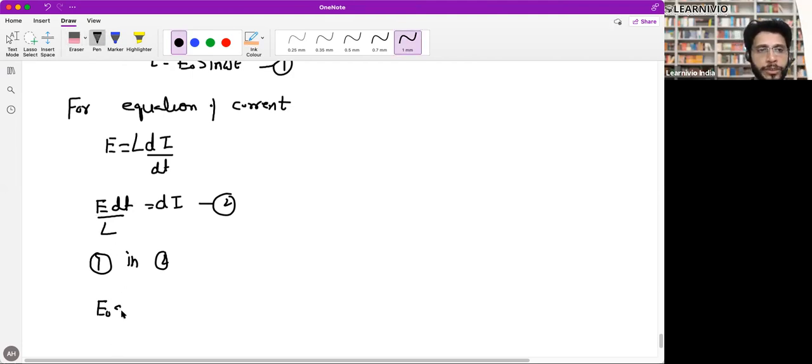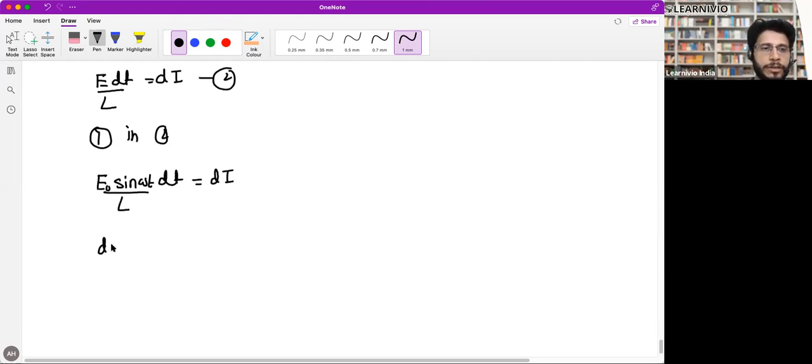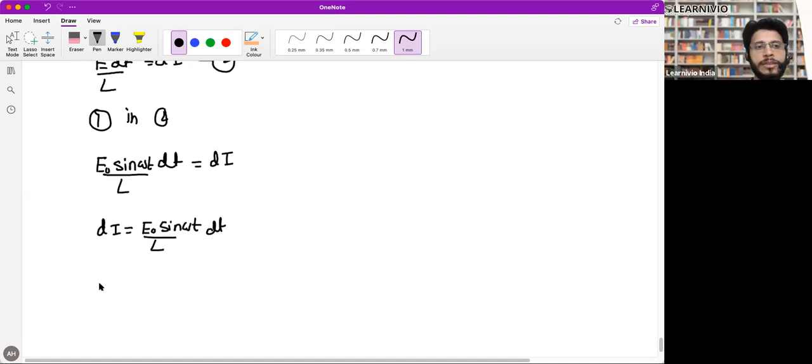So when I substitute E as E naught sine omega t, into dt divided by L is equal to di. So you can write that your current is E naught sine omega t by L into dt. To get the equation of current, you need to integrate it.